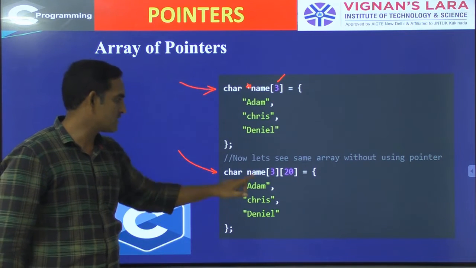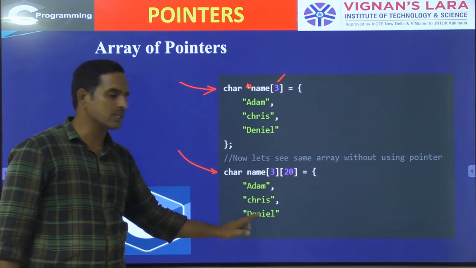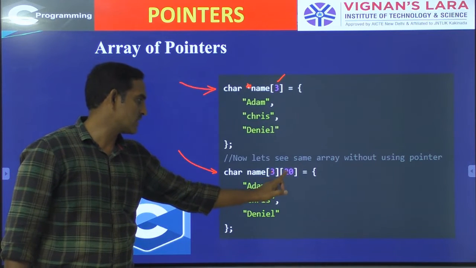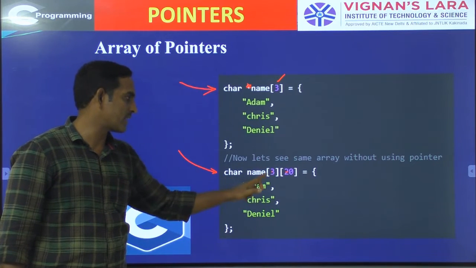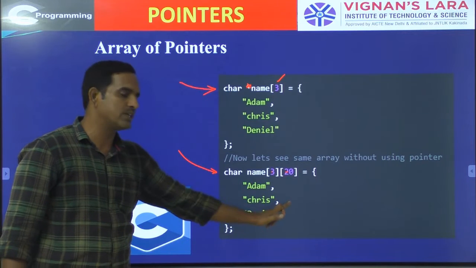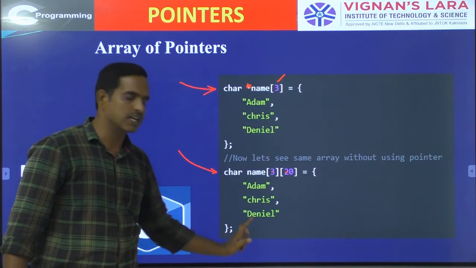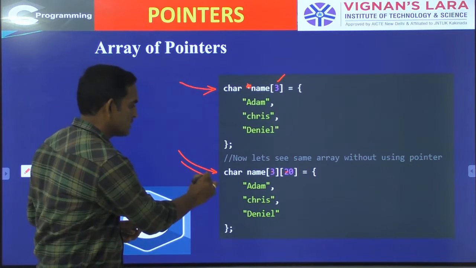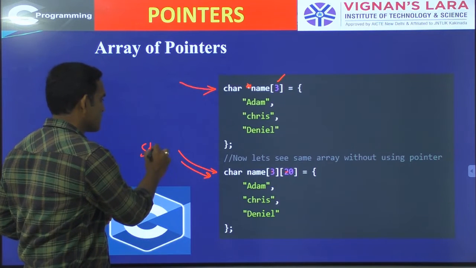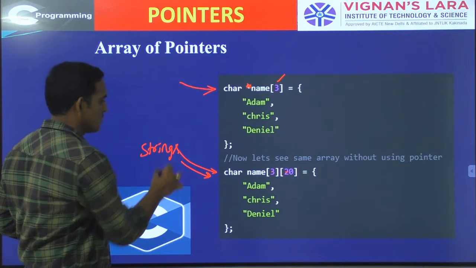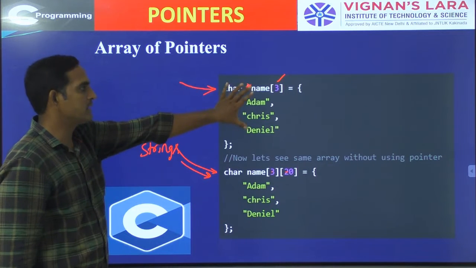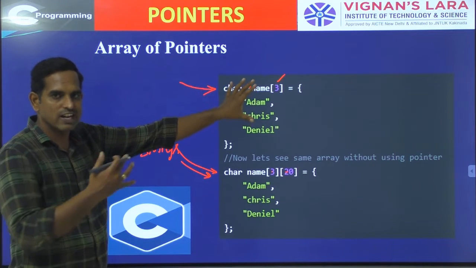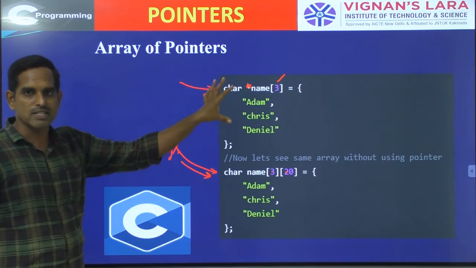Here, in the array of strings, the first string can contain 20 characters, the second string can contain 20 characters, the third string can contain 20 characters. This you have seen in your strings. This can be implemented much more easily with pointers, and you also have better memory implications.